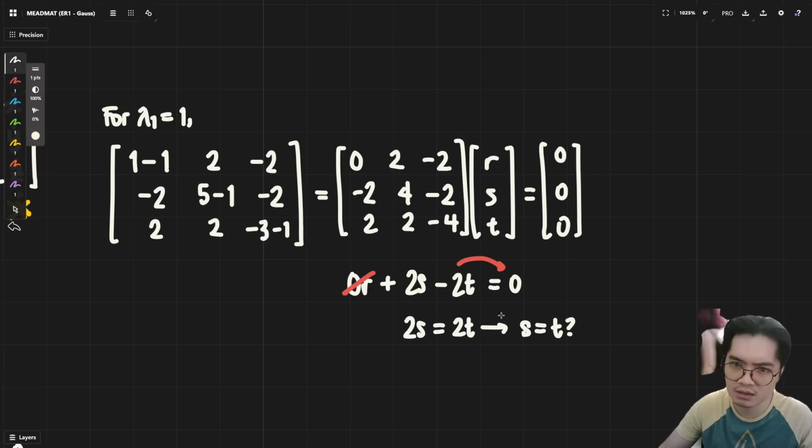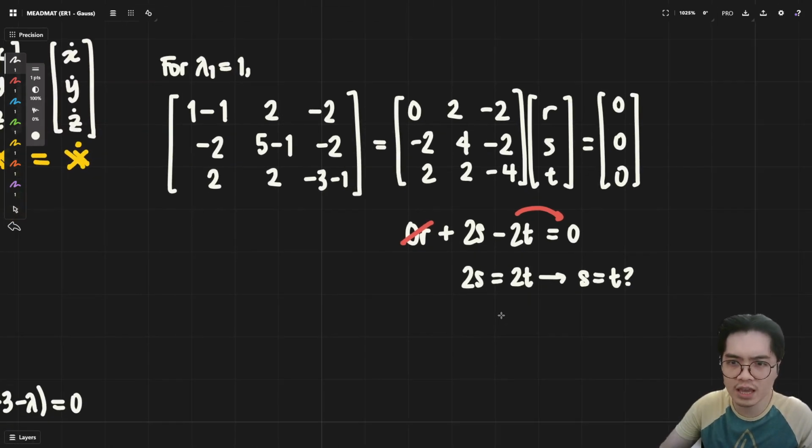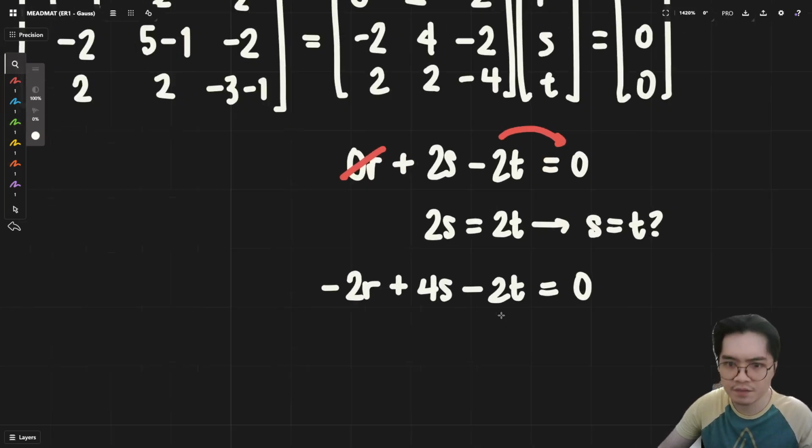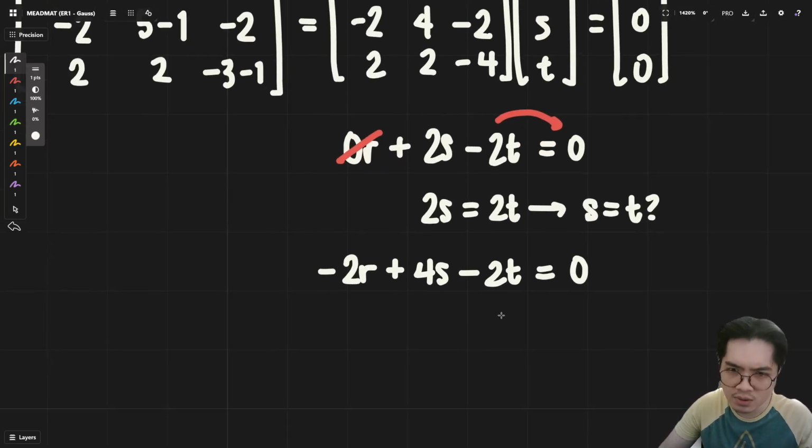Very interesting. And so, if s is equal to t, let's put this in the second equation: negative 2r plus 4s minus 2t is equal to 0. Since s is equal to t, I can replace this t with an s, and what you would get is negative 2r plus 2s equal to 0.